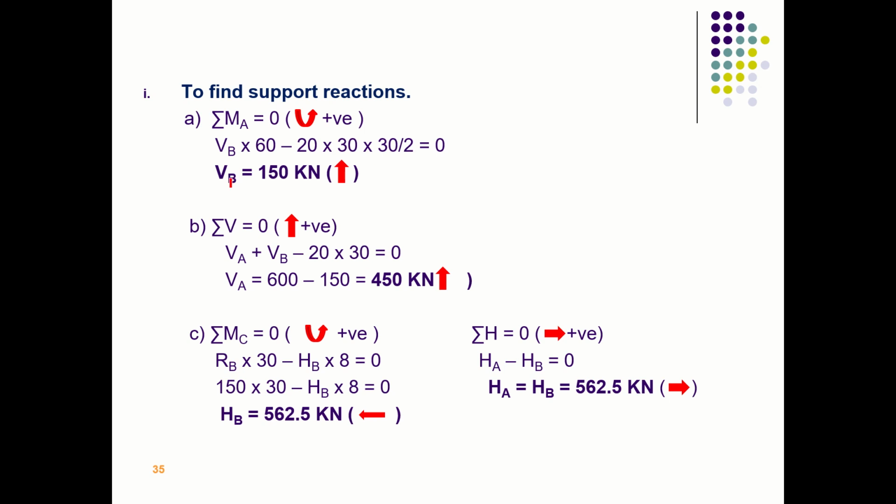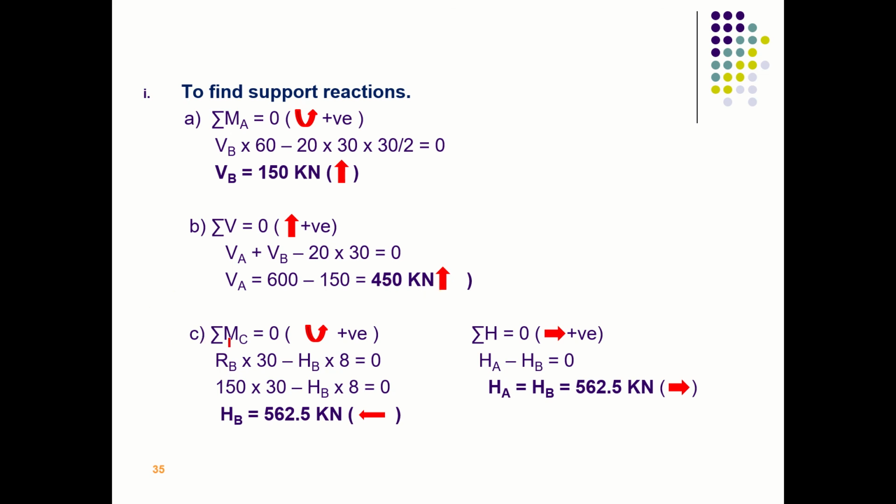So this is your VB, which is 150 kilonewton. Similarly, using summation of V equals 0, VA plus VB minus the downward force, which is the UDL, is equal to 0, and putting VB in this equation will give you VA of 450 kilonewton.